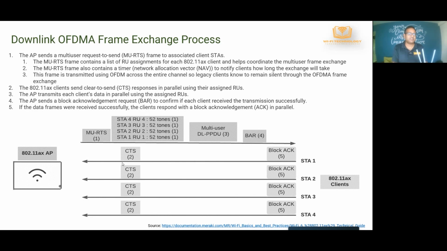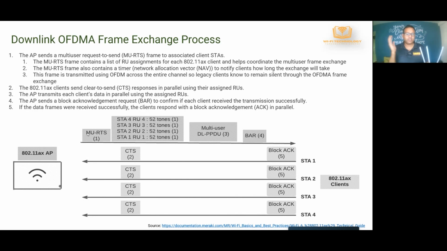So what does the AP do to trigger OFDMA? It will start with something called a multi-user RTS frame, or request to send frame, which is a broadcast frame that goes across the entire spectrum. So if you're using 20 megahertz or 40 megahertz or 80 megahertz, 160 megahertz channels, that is transmitted across the entire spectrum, so everyone can hear. Okay? And in that RTS frame, the AP will do some allocation of these tones.